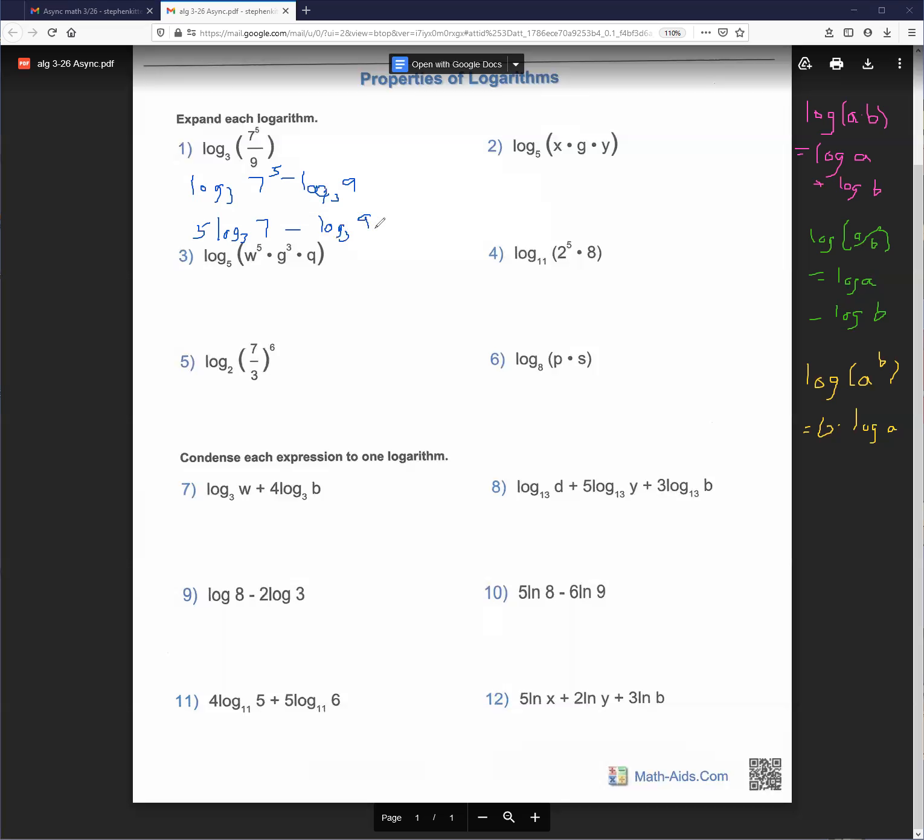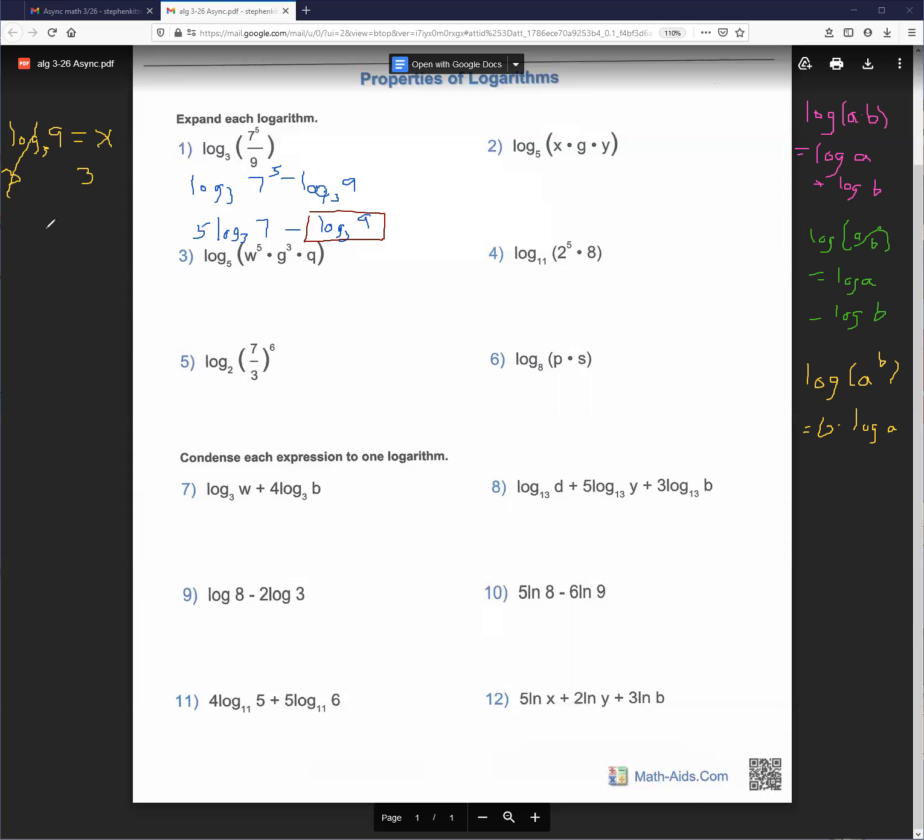Now, it is worth noting that the instructions do not ask you to simplify. However, this can be simplified because logarithms are basically saying 3 to the what power equals 9. And if you're confused about that, then I encourage you to write it as log base 3 of 9 equals x, and then exponentiate each side: 3 to the log base 3.